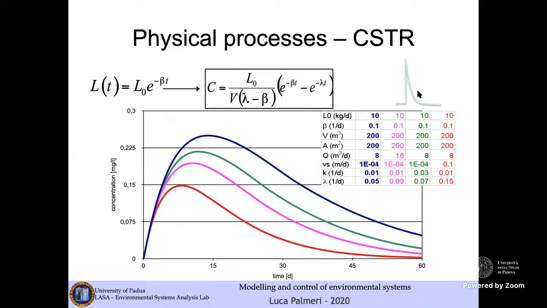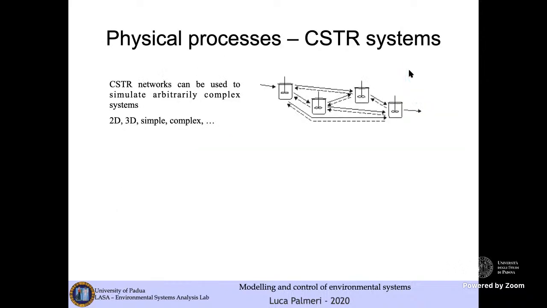So this is what happens when you have a storm. The storm begins here. You have a peak in concentration, then as the rain is falling, you have an exponential decrease in concentration. So this is a washout effect due to rains.